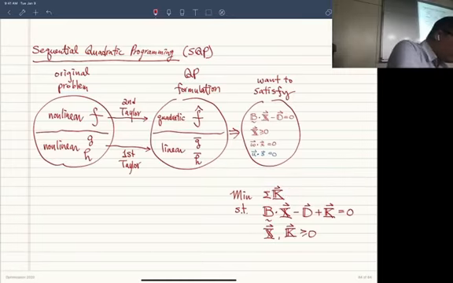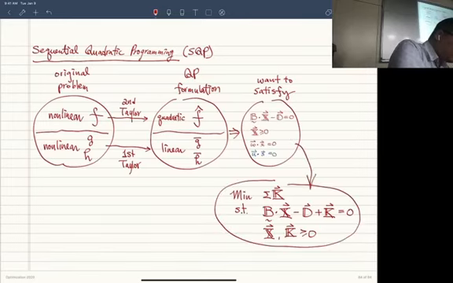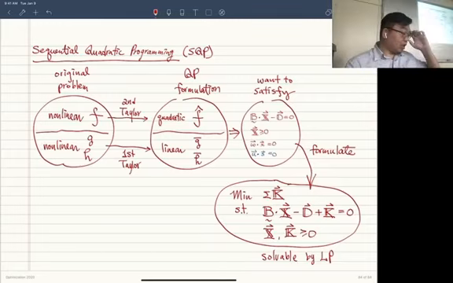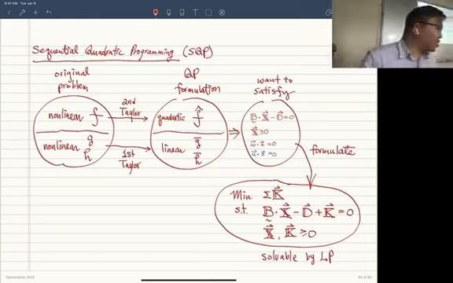You formulate this, and this is solvable by LP. Okay, and then you will try to find the solution and see if that satisfies.